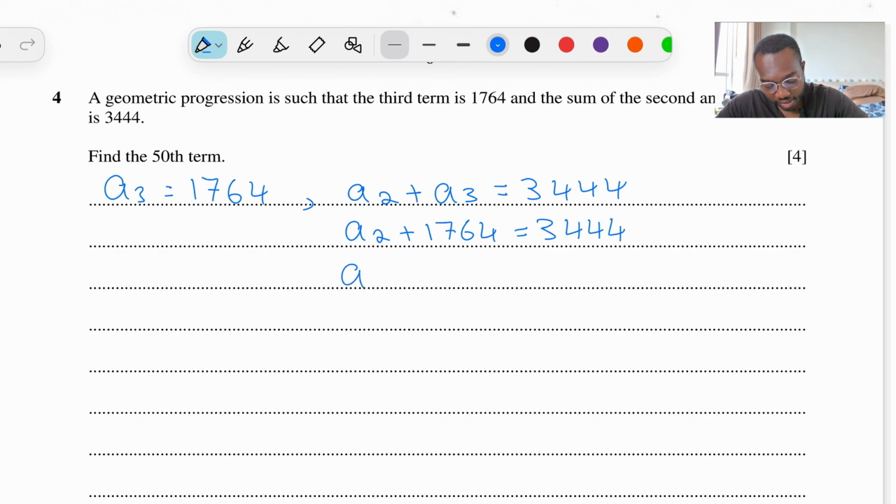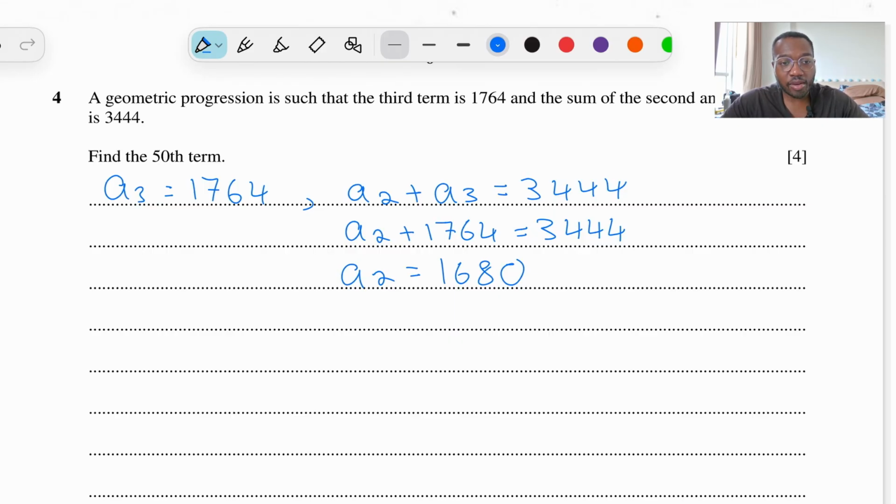Therefore, if we work that out, A2 is equal to 1,680. Just be careful of that one. It does say the sum of the second and third terms is equal to 3,444. So be careful not to get confused with the geometric and multiplying and stuff. Just be wary of that little part.